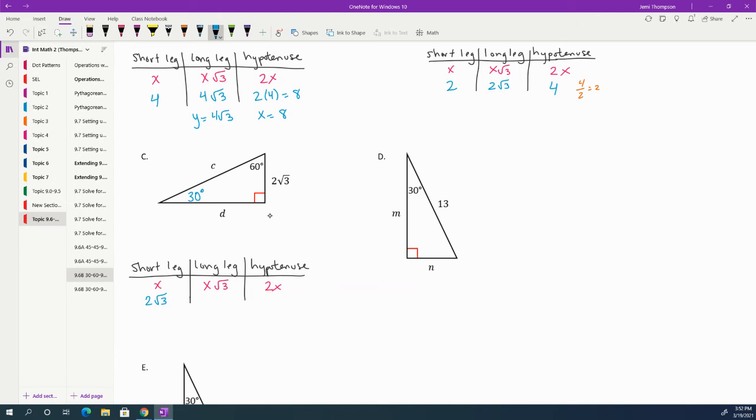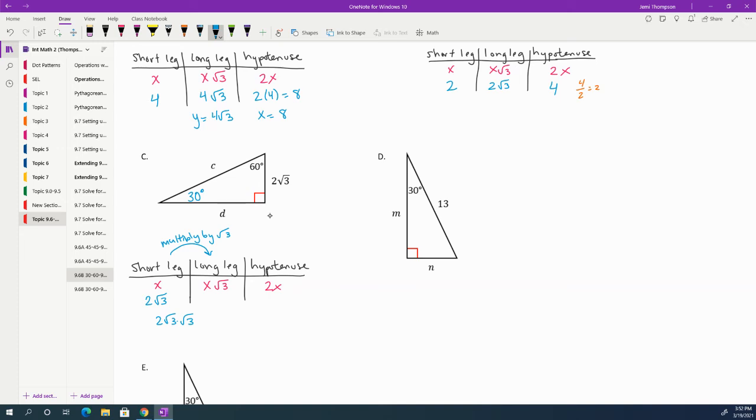How do I get from the short leg to the long leg? Well, now I already have a radical 3. So to get from the short leg to a long leg, I'm going to multiply by square root of 3. So I have 2 square root of 3, and then I'm going to times square root of 3 again.